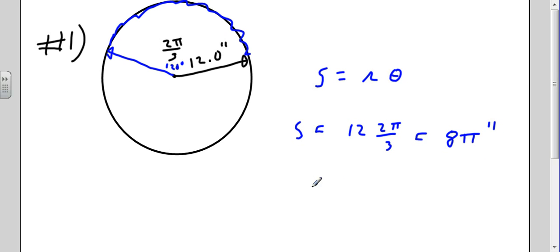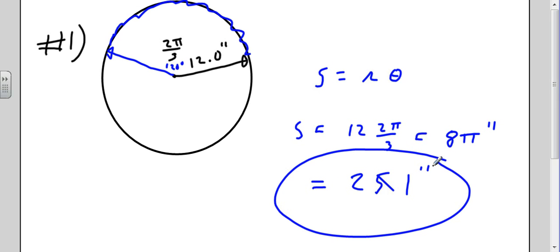Do we like pi inches? Probably not, so we take out our calculator. 8 times pi is 25.1. I have three significant digits. 25.1 inches, and we call that our final answer.